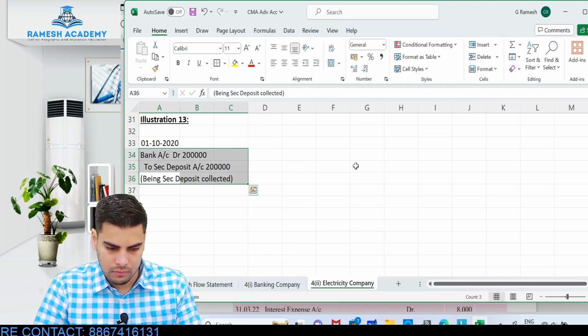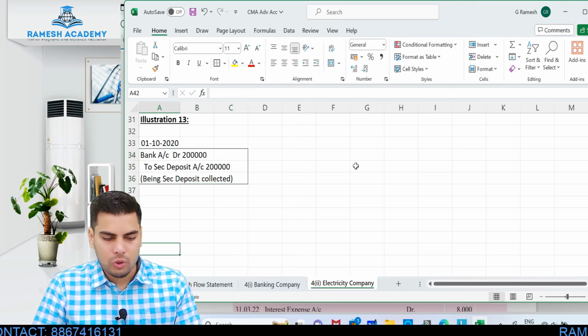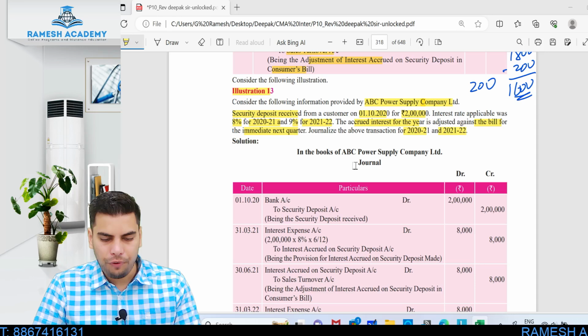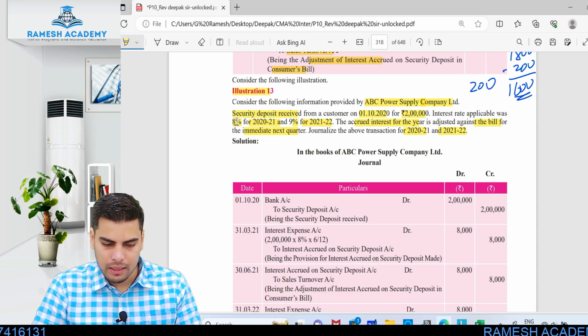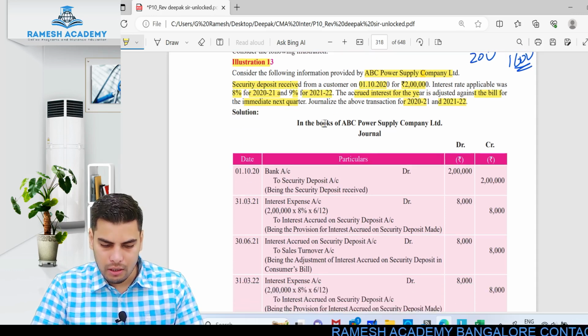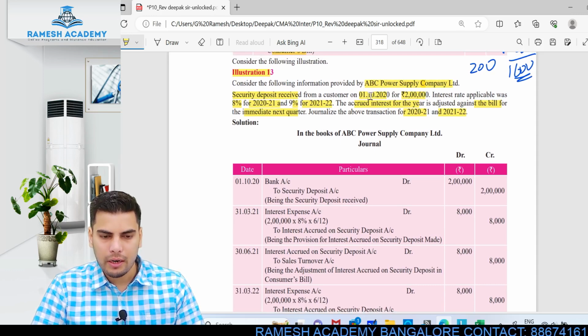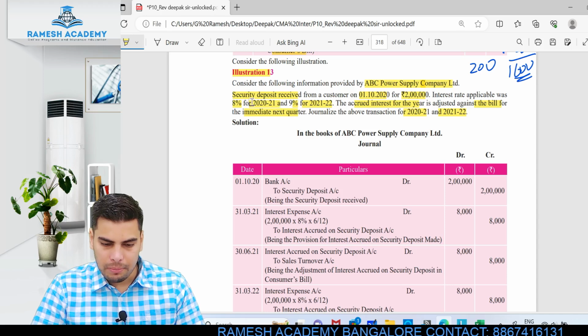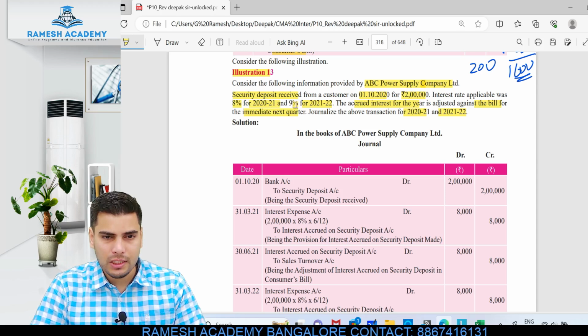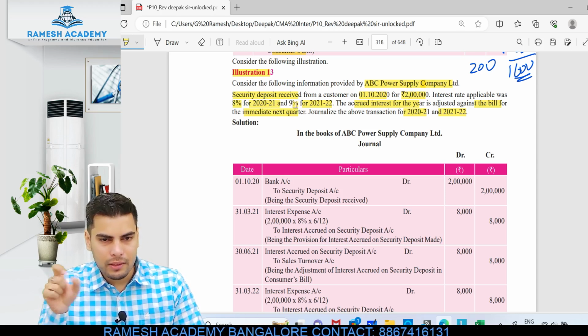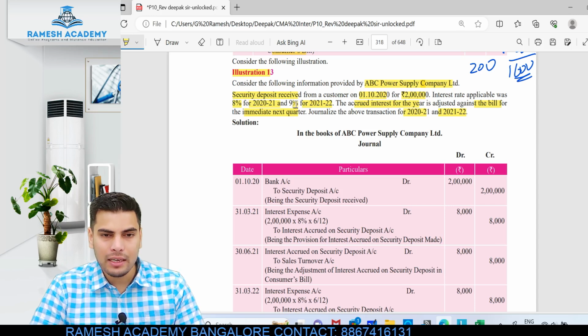Alright, so after this, what are they telling? In the first year the interest payable is 8%, and in the second year it is 9%. Now when it comes to this interest, when did we receive this deposit? First thing is you need to calculate for the current financial year.